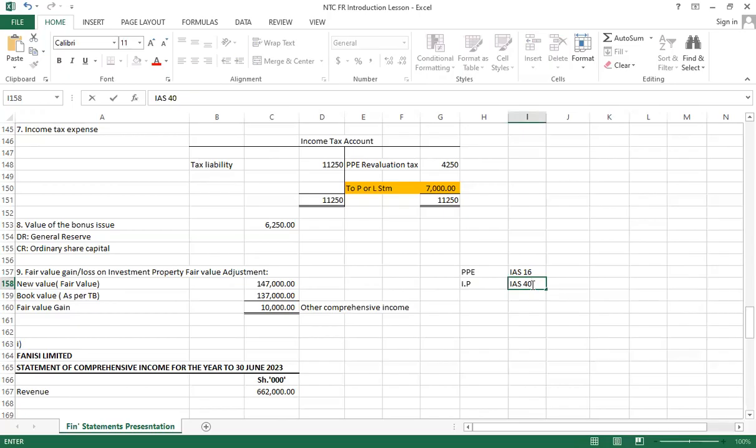So the concept is rather the same, but because of their difference in accounting standards, we term them differently. But of course, the accounting is very similar.